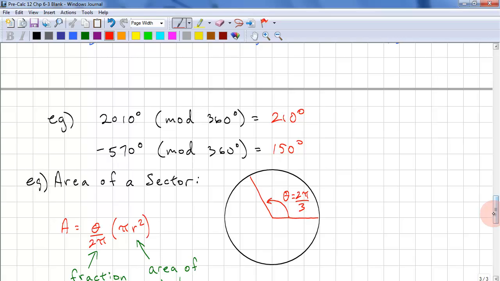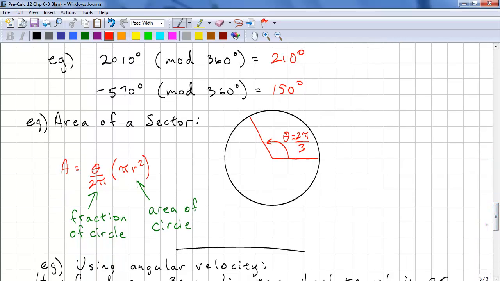Another type of problem that we're going to run into is area of a sector. This is the formula. The formula works because this angle is a fraction of the whole circle, and the whole circle is 2 pi. And this is just the area of the circle. So the area is 2 pi over 3.